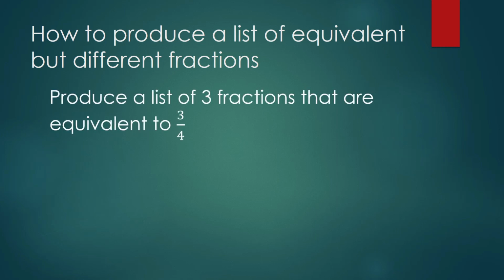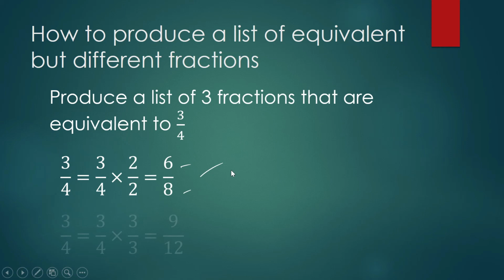Produce a list of 3 fractions that are equivalent to 3/4. Well, we can multiply by 2 over 2. And so that's going to be 3 times 2 is 6, 4 times 2 is 8. So 3 over 4 is equivalent to 6 over 8. Well, we can multiply 3 over 4 by 3 over 3. 3 times 3 is 9, 4 times 3 is 12.